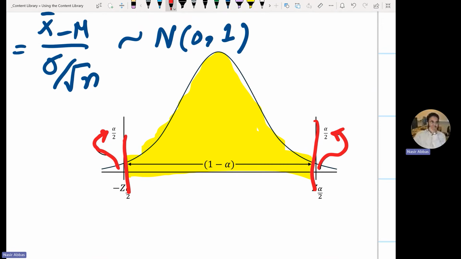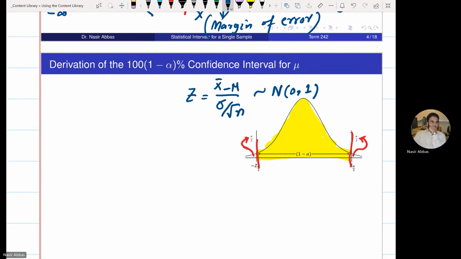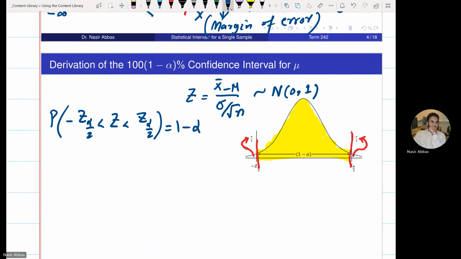Now, I'm going to write this whole sentence as an expression. See when I write that. Is this what I said? The probability in a z distribution that z will be between the smaller point, it's just a notation I gave, and the bigger point is 1 minus alpha. Correct?